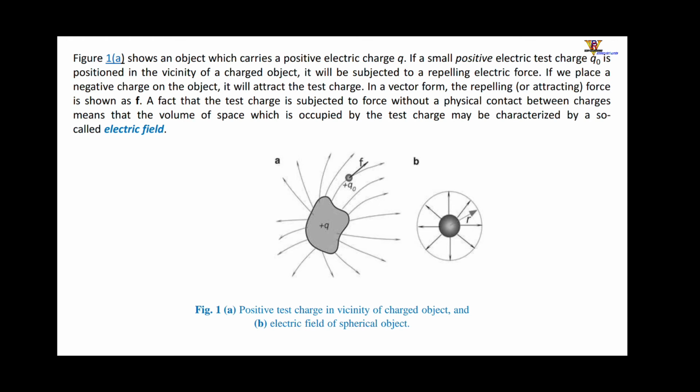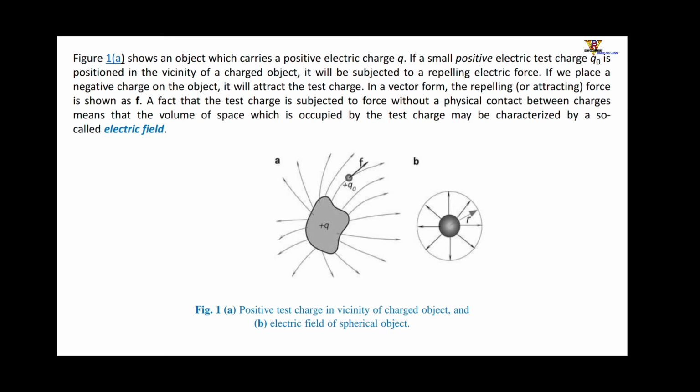It will be subjected to a repelling electric force. Why repelling? Because like charges repel each other. If we place a negative charge on it or nearby, it will attract the test charge. In vector form, the repelling or attracting force is shown as small f. The fact that the test charge is subjected to a force without physical contact between charges means that the surrounding volume of space around the charge may be characterized by a so-called electric field.